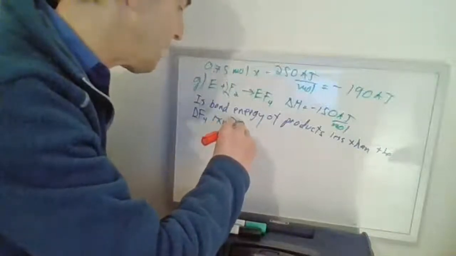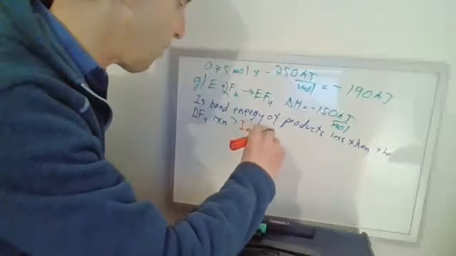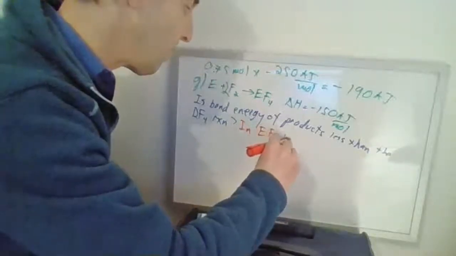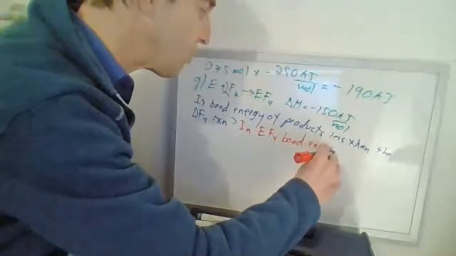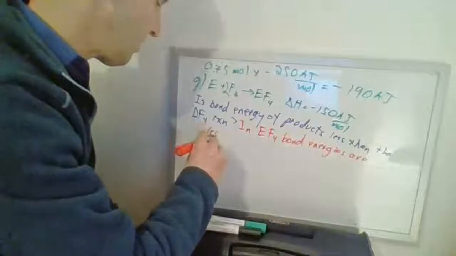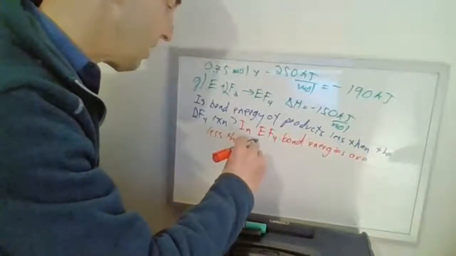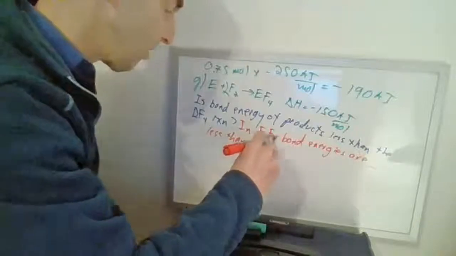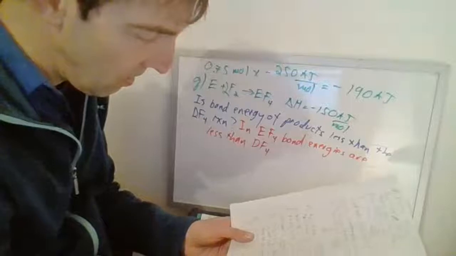So I'm going to say in the EF4, bond energies are less than in DF4. And let's see what I wrote here in my little cheat sheet.